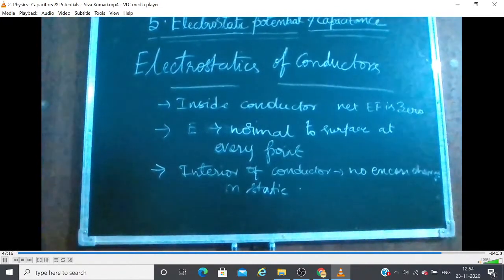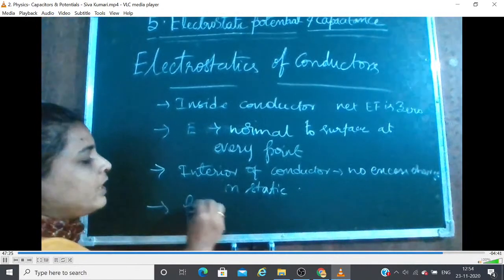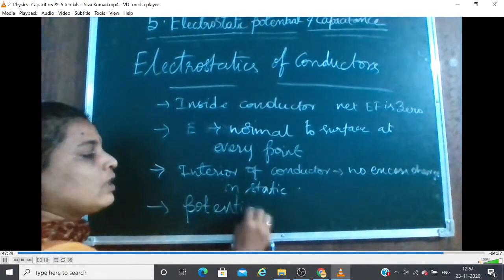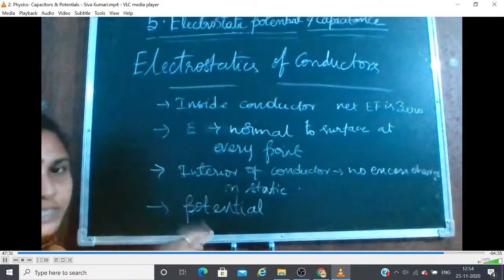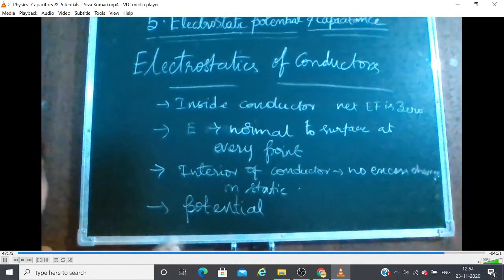The potential is constant and has the same value on its surface also. Already in the case of corona discharge also, the potential on the surface is constant, or on the surface the potential will be uniform.